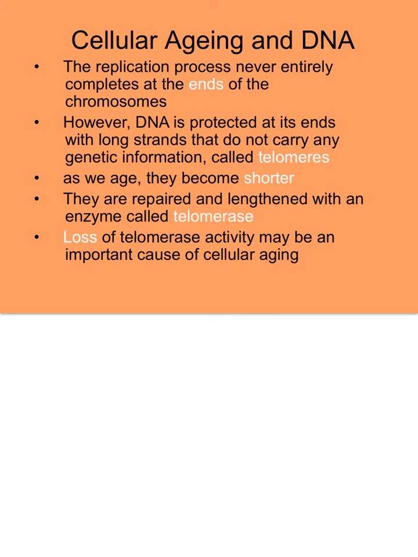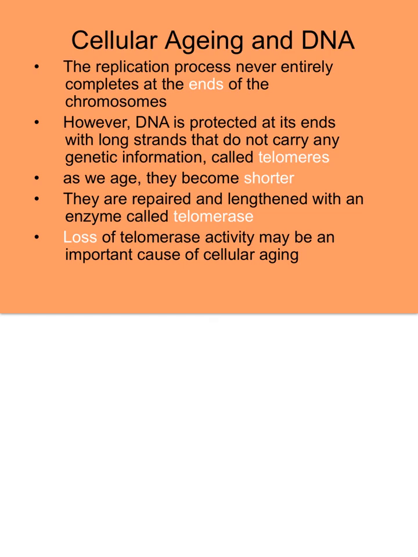All right, a little bit of side information on cellular aging. It says the replication process never entirely completes at the very ends of the chromosomes. They're never like finished. But DNA is protected at the ends of the chromosomes because at the very ends of the chromosomes there is no true genetic information that matters. And so that kind of blank information, the ends of the DNA, are called telomeres.